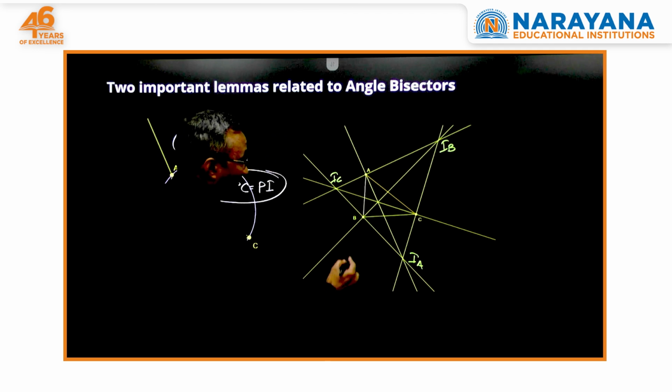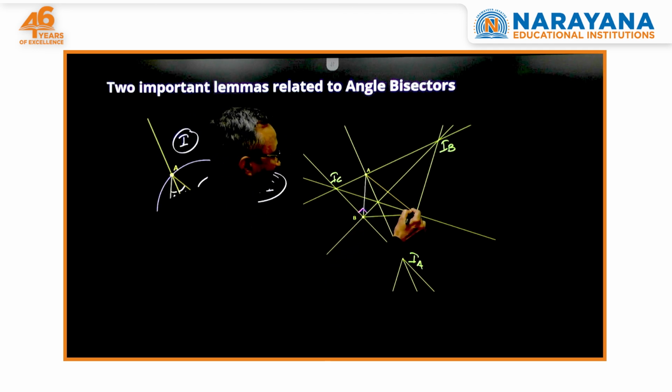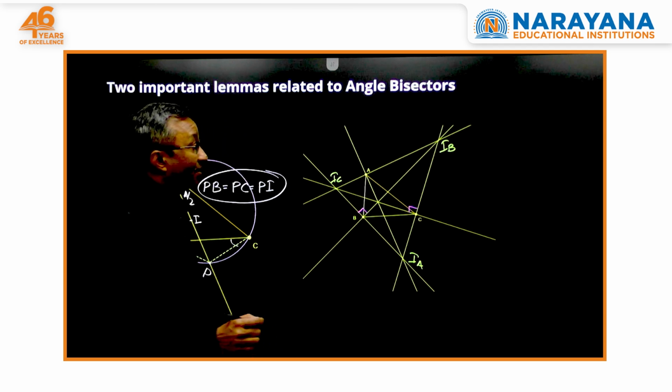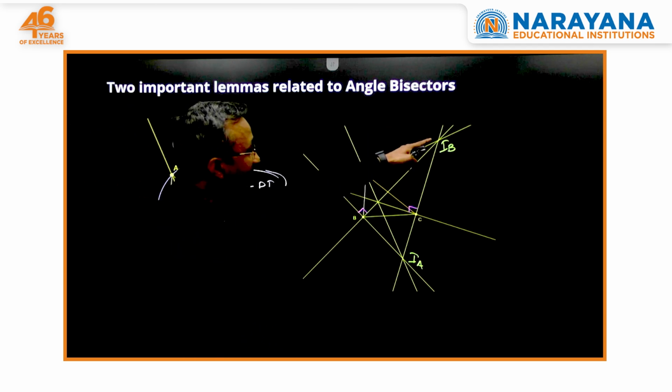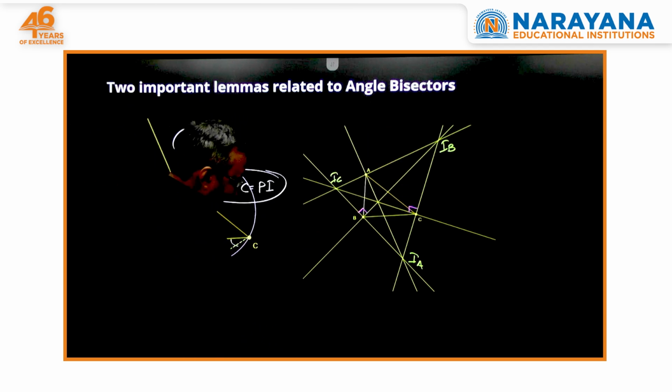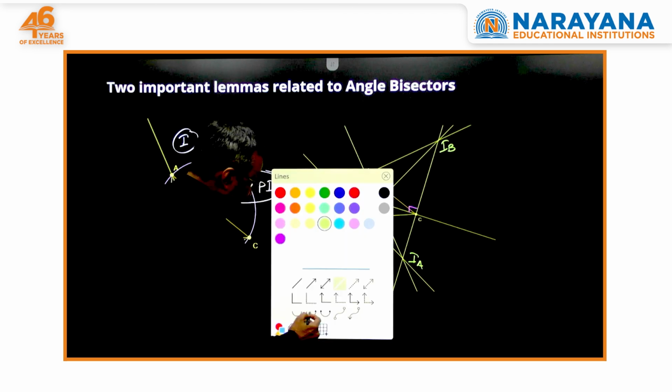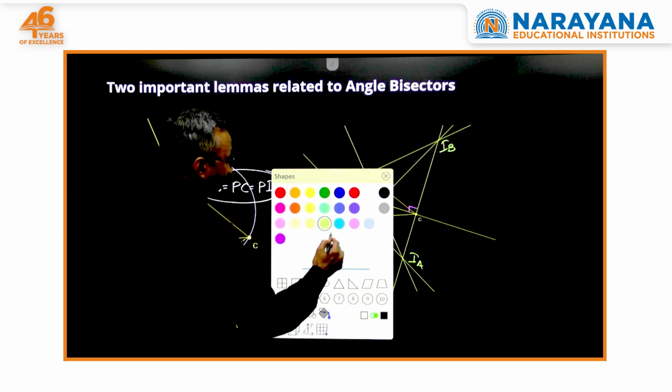So I realize that this angle is 90 and this angle is 90. That would simply mean that the quadrilateral I, IC, IB, B, C is cyclic with ICIB as diameter. So I try to use this fact.